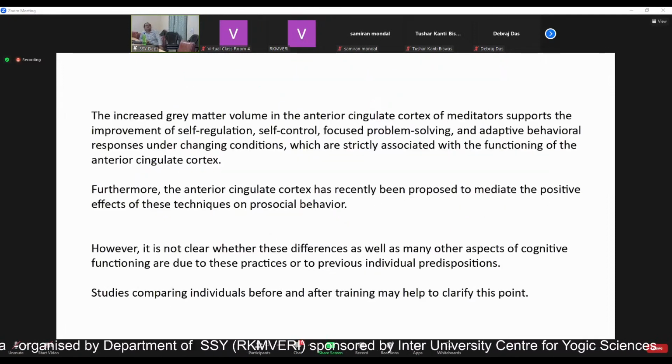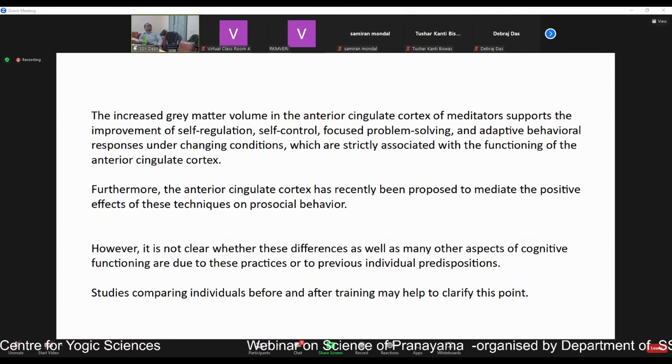The increased gray matter volume in the anterior cingulate cortex of meditators. Here the comparisons were done between meditators and people who had no experience of meditation. The increased gray matter volume in the anterior cingulate cortex of meditators supports the improvement of self-regulation, self-control, focused problem solving, and adaptive behavioral response under changing conditions, which are strictly associated with the functioning of the anterior cingulate cortex. This specific brain area is already known to be involved in these kinds of functions.